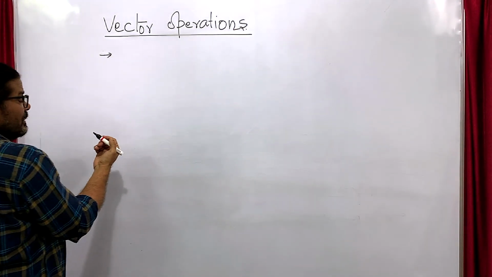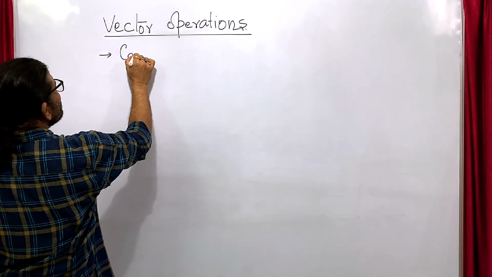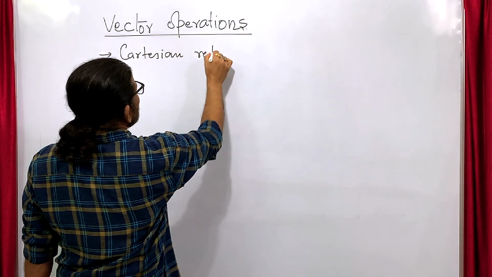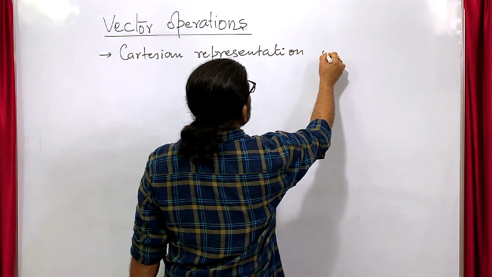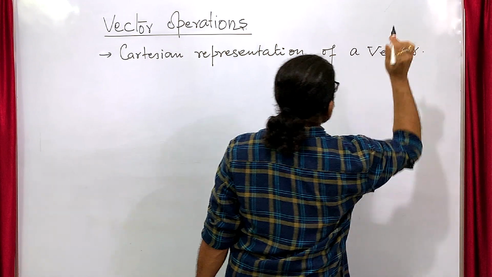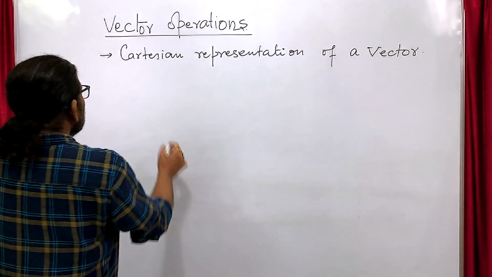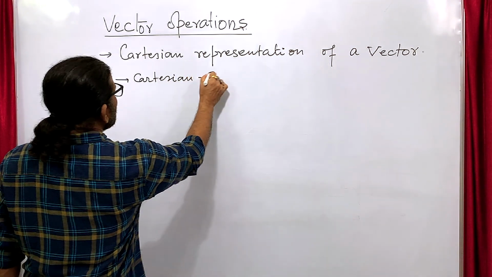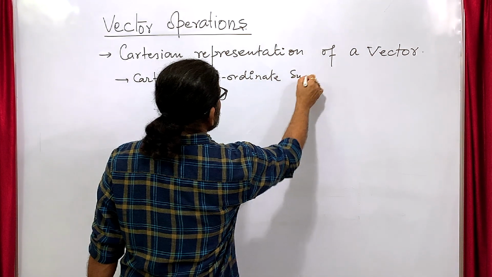First I want to discuss is the Cartesian representation of a vector. Cartesian coordinate system.